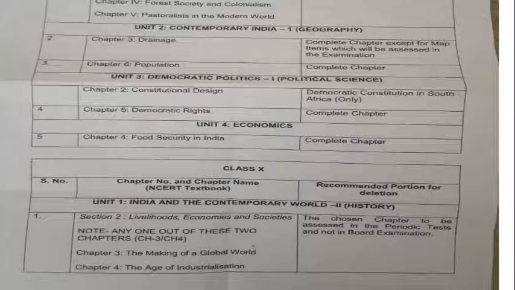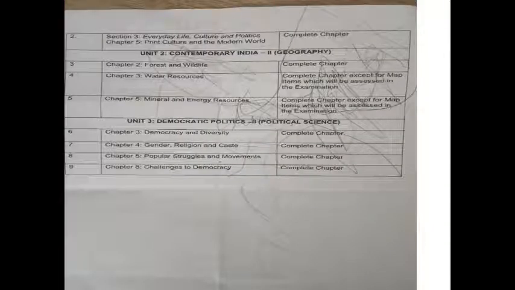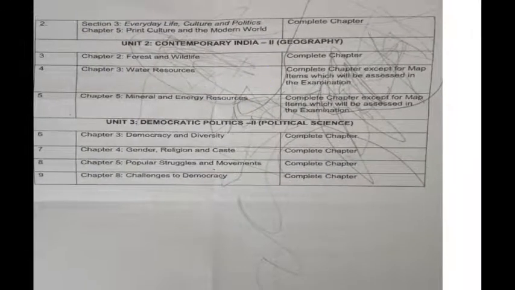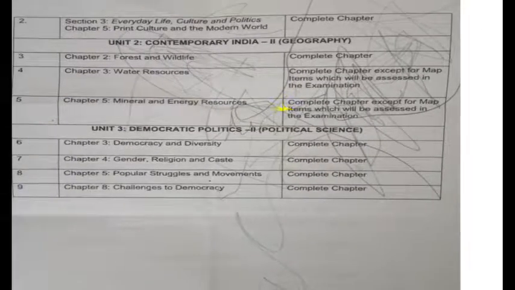Then from section 3, everyday life, culture and politics, that is chapter 5, print culture and the modern world, this particular chapter completely got deleted, which means we have only one chapter to complete from the history part.